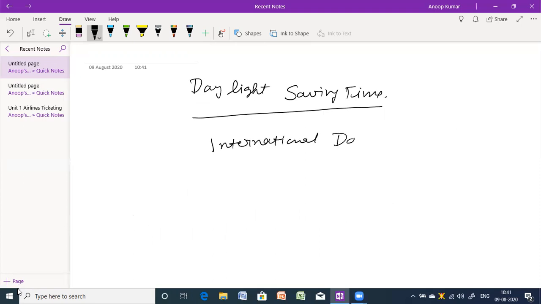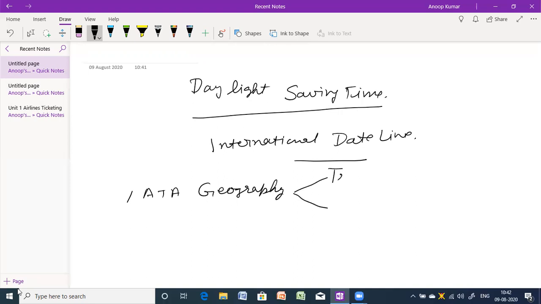Then we will also study IATA geography. In IATA geography, there are two main concepts which we will study. One is the travel conference areas, and this will further lead us to the study of global indicators.